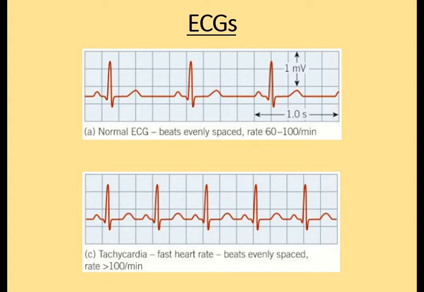So tachycardia can also happen as a result of your heart not being able to supply enough oxygen to its own heart tissue. So if you have coronary heart disease or heart failure, your heart is not able to supply enough oxygen to the muscles of the heart itself, and this causes the heart rate to go up because the muscles need more oxygen, and the quickest way for you to do that is to increase your breathing rate, increase your heart rate.